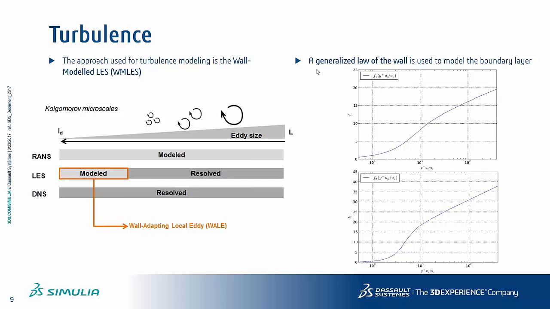In addition to that, we use a generalized law of the wall that allows you to model the boundary layer, because being Cartesian, with the mesh and the lattice structure, it would be extremely expensive to refine all the boundary layer near the walls. So instead we use a wall function which combines perfectly with our LES approach and allows you to get this LES at a very reasonable cost.